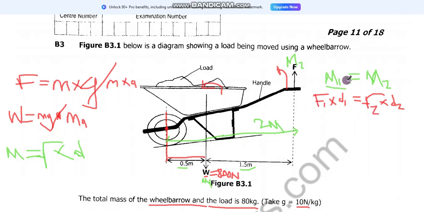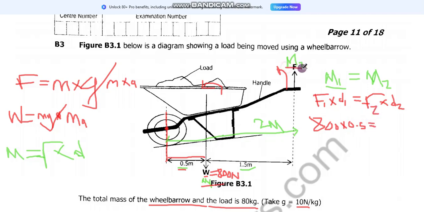Force 1 is coming from moment 1, which is our weight right here, 800 Newton. So we say 800 times distance 1. The distance from the pivot to where 800 Newton is, which is 0.5 there. So we say 0.5. Then this will give us force 2.